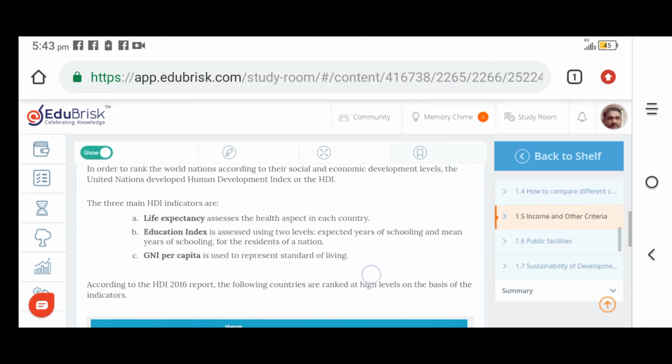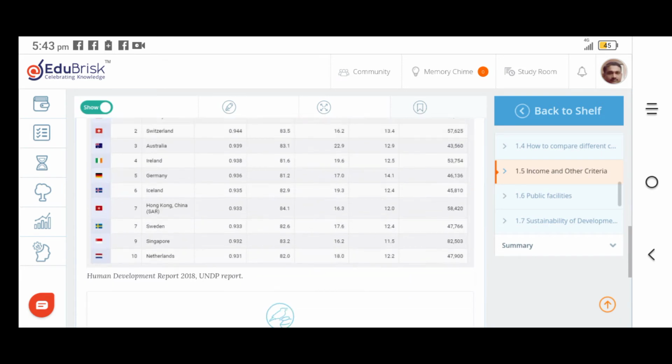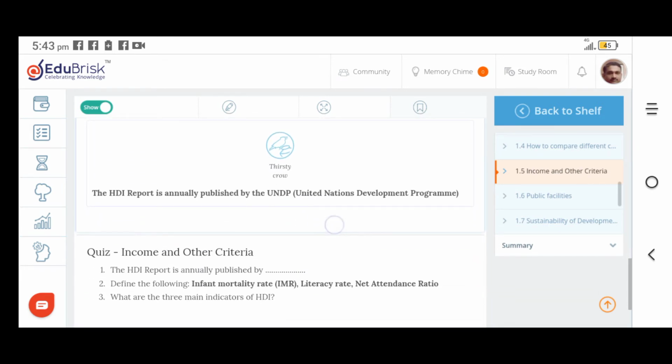So which are the human development indicators? First one, life expectancy. Second one, education index. Third one, gross national income per capita. The Human Development Index report is published annually by the United Nations Development Programme.